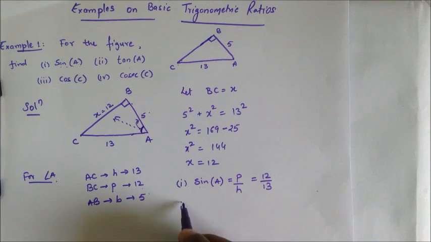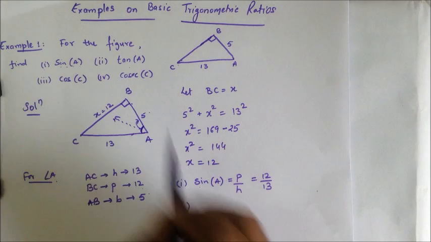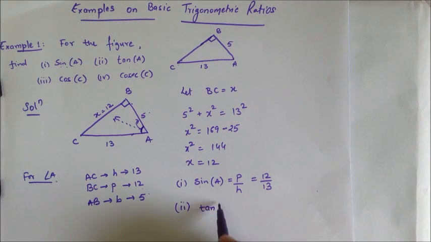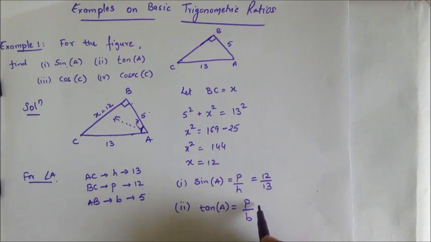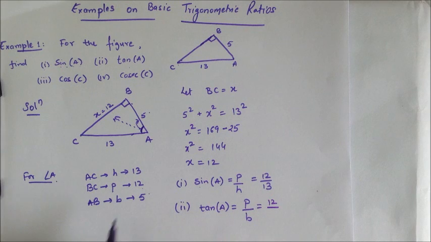In the second part, for the same angle A, we have to find tan of A. Now tan of A is perpendicular upon base. For this angle A, the perpendicular is of length 12 and the base is of length 5. Therefore the answer would be 12 upon 5.